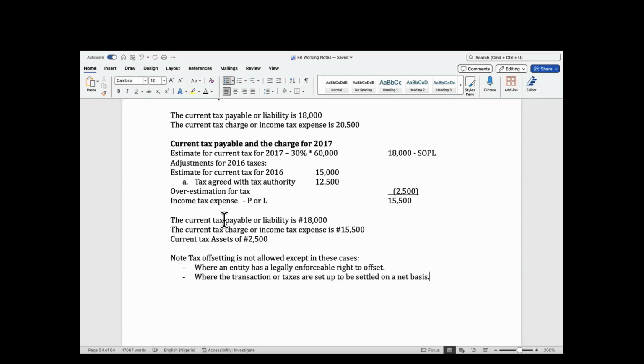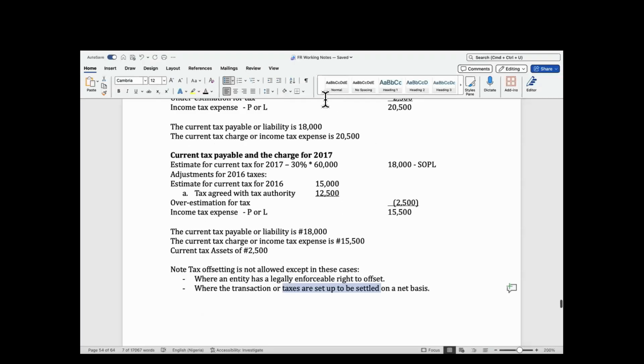Instead of presenting liability and assets separately, you can present a net liability of 15.5. Otherwise, don't. You cannot, except you have a legally enforceable right, or this transaction is supposed to be settled on a net basis. Okay, so that's the end of this question.